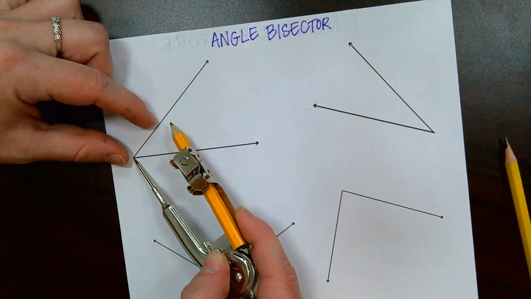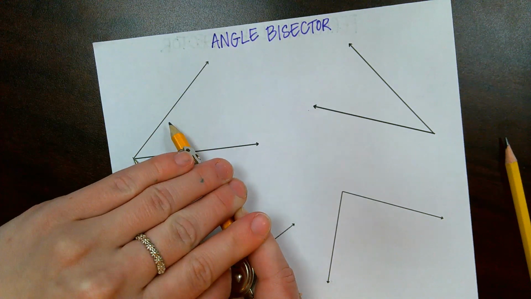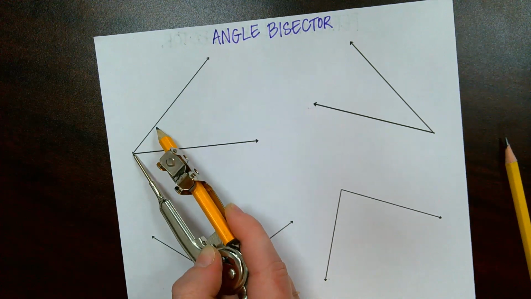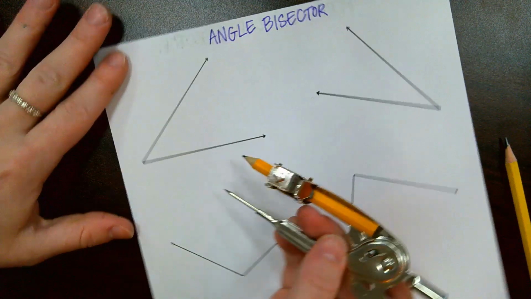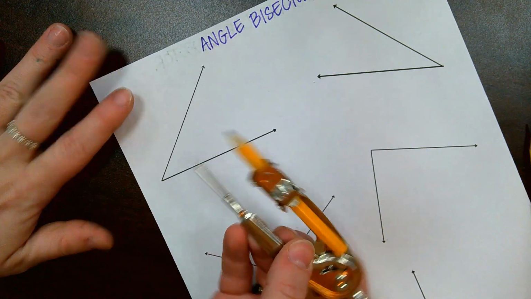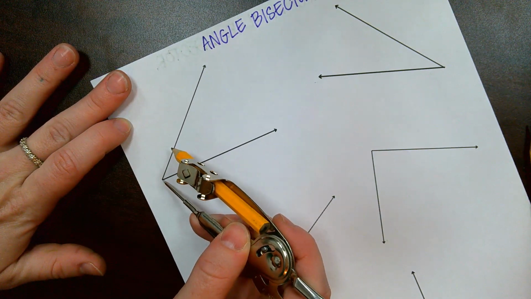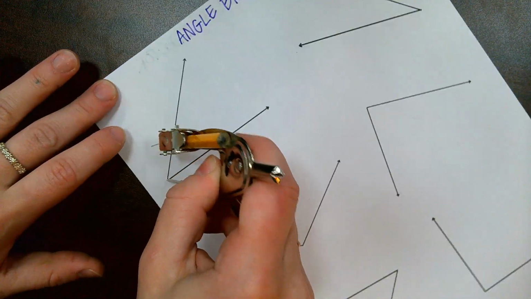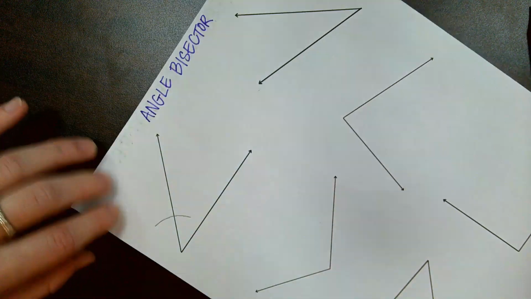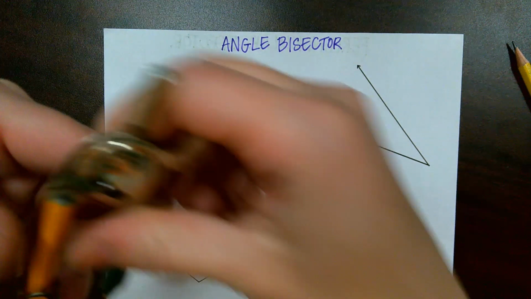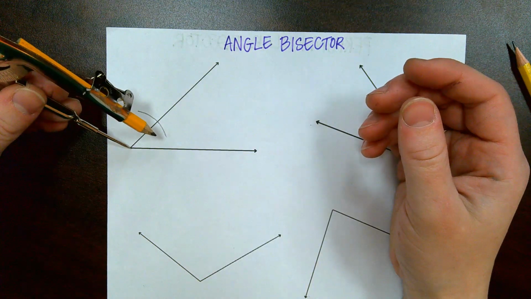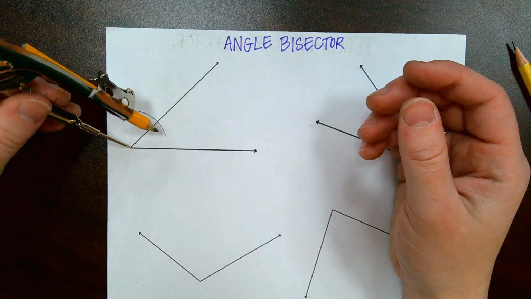It needs to be little, like here-ish. Now I've got it open at this angle, and I'm going to take it like this and draw that little arc all the way around.